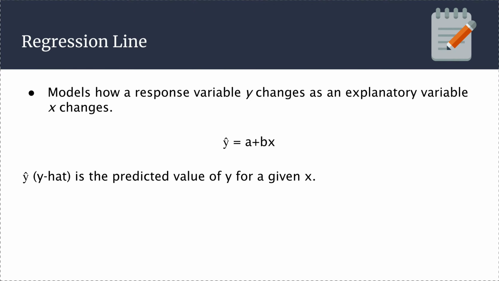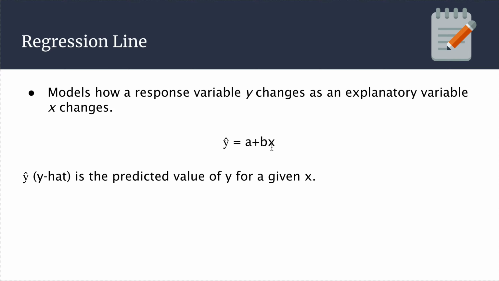So what is a regression line? Well, it actually follows what you're probably familiar with. It models how a response variable, we'll call y, changes as an explanatory variable called x changes. And we write it out in this form. We call this thing right here y hat. Y hat is the predicted value of y for some relationship given some x value.